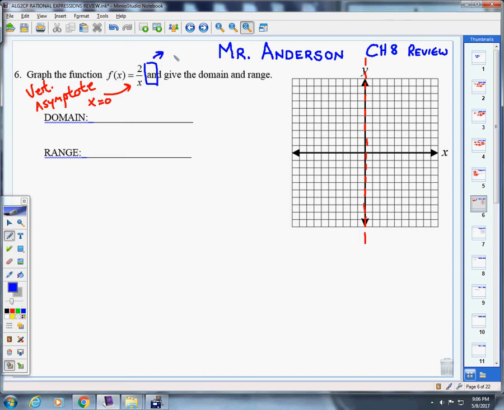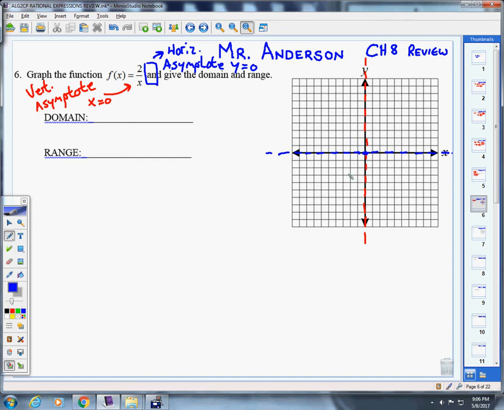We have a horizontal asymptote at y equals 0. So we'll go on our y-axis to y equals 0 right here, and we'll draw a horizontal dashed line right on top of the x-axis. That's again what our function gets really close to, but never actually touches.